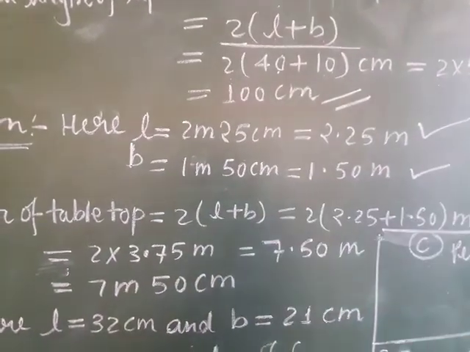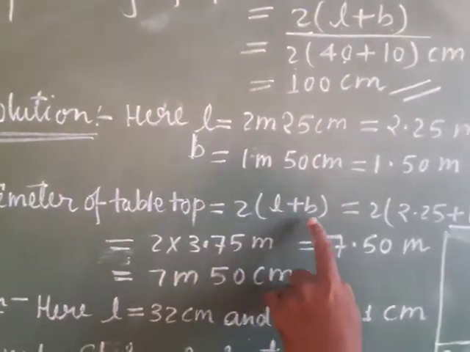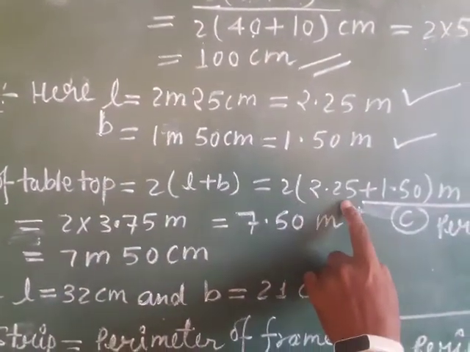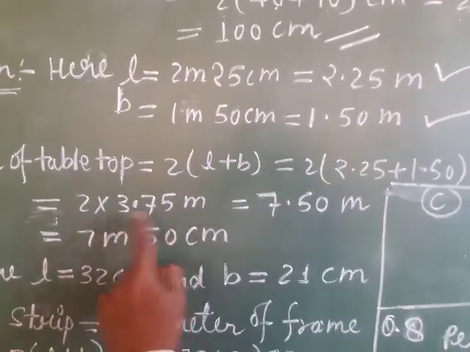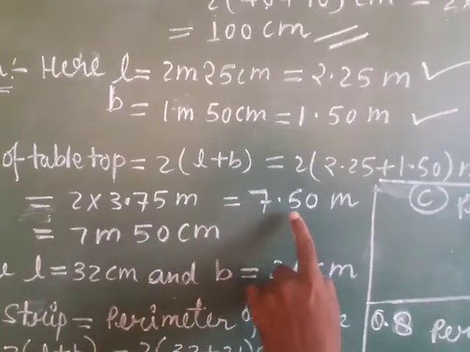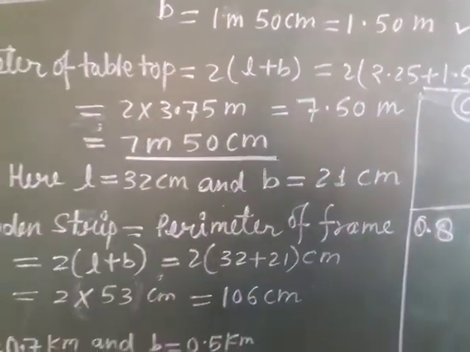Now both are converted into meter and as we know the perimeter of the tabletop is equal to 2 bracket length plus breadth. So 2.25 plus 1.50, the sum will be 3.75, multiplied by 2, then it will be 7.50 meter, or we can say 7 meter 50 centimeter.